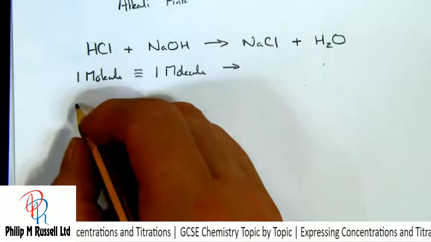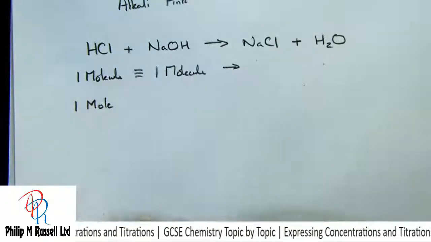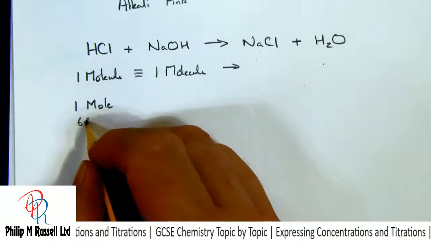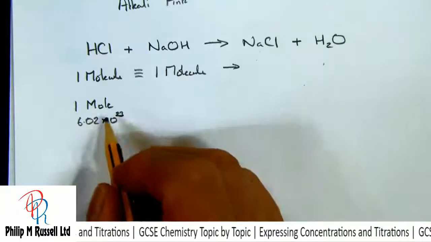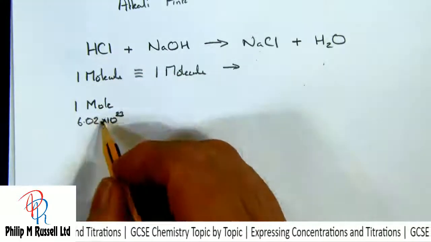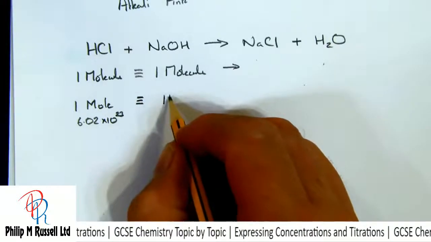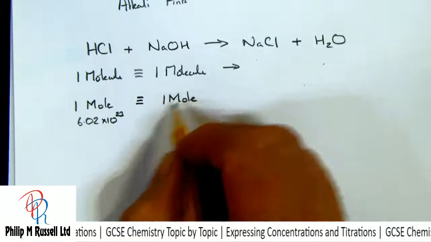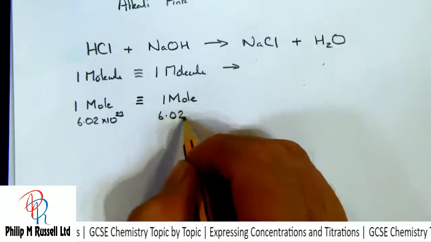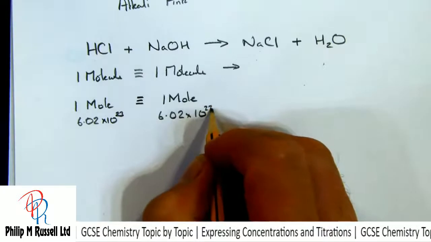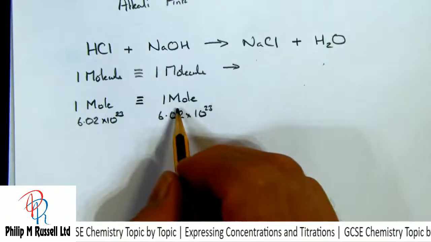In the same way, I know that 1 mole, in other words 6.02 times 10 to the 23 molecules of HCl, will react with 1 mole, which is the same number of molecules, 6.02 times 10 to the 23 molecules of sodium hydroxide.